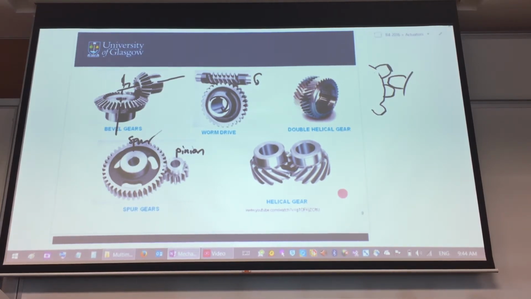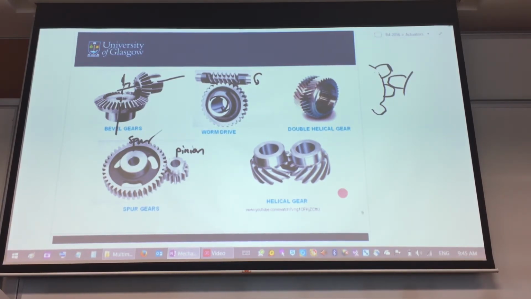So in order to avoid this kind of sharp drift of the helical gear, what they've done is come up with the double helical gear system. With the double helical gear, you can see that it's arranged in this chevron shape. The chevron shape allows compensation of this drifting.